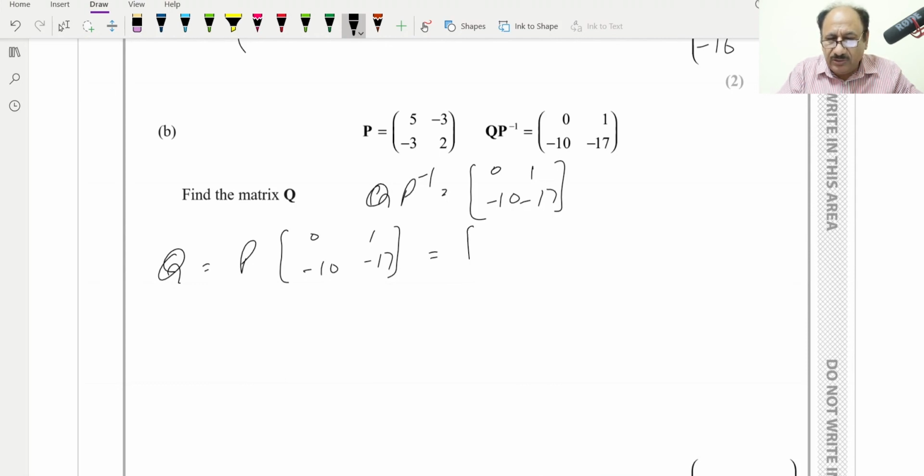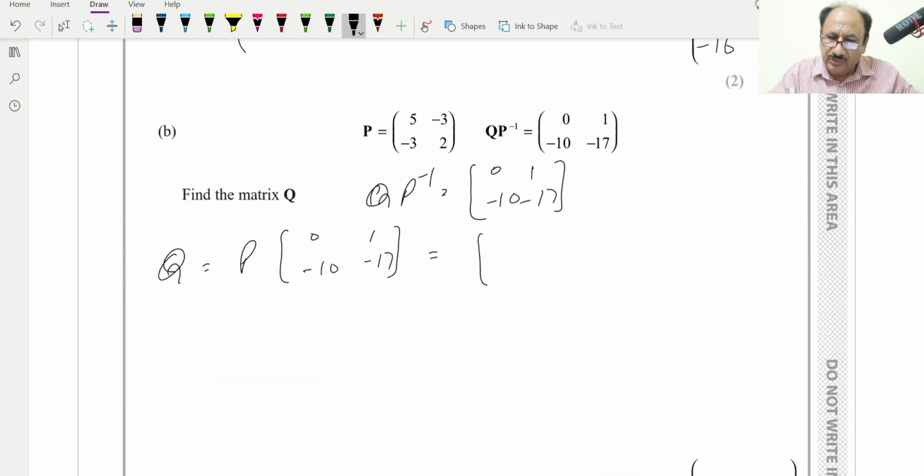P is also provided, so we will write 5, minus 3 and 2 and multiply by this. Basically we have to write this one first.